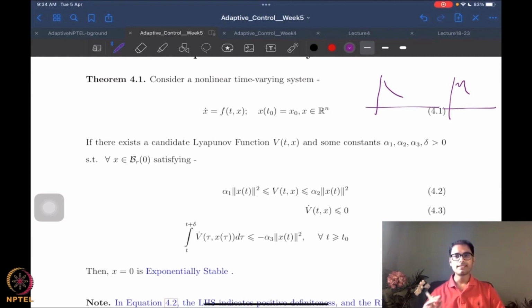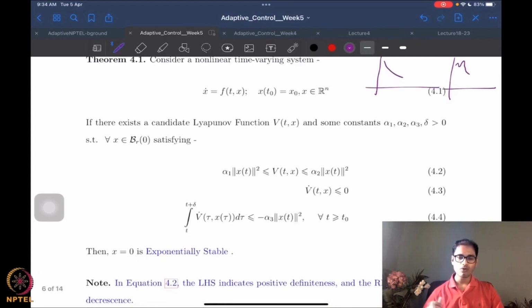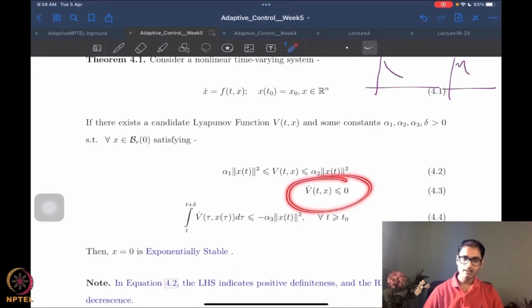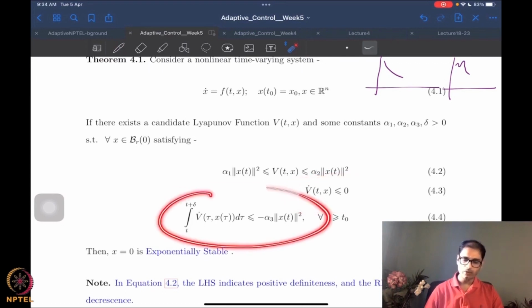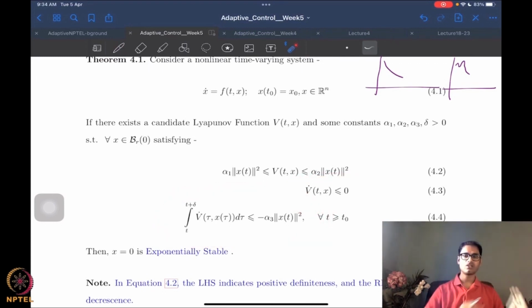This is what is codified here in more formal language: V dot itself is only semi-definite, but the integral over a moving window, that is a moving window average, is negative definite. Very interesting, and a very powerful result.